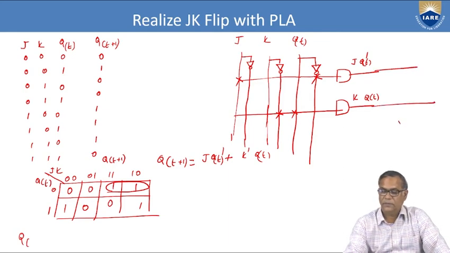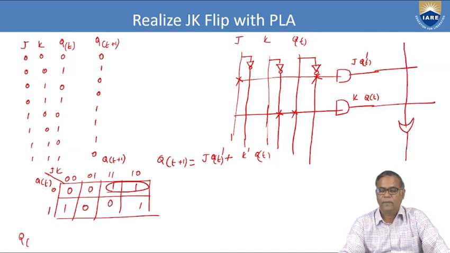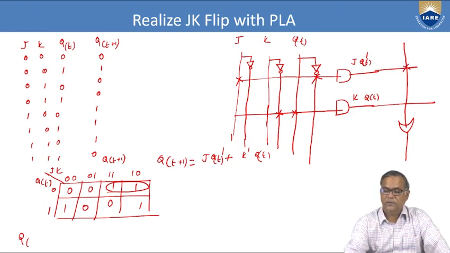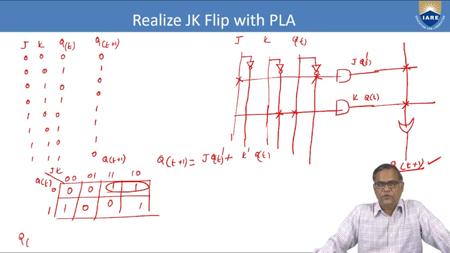And this is the programmable OR array. And I need this input, and also I need this input. So this will give me QT plus 1. So this is how I can realize JK flip-flop using programmable logic array.